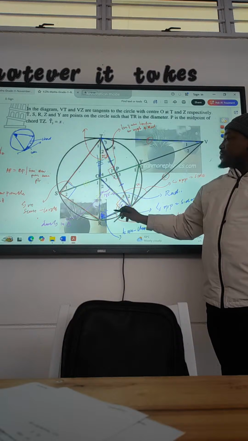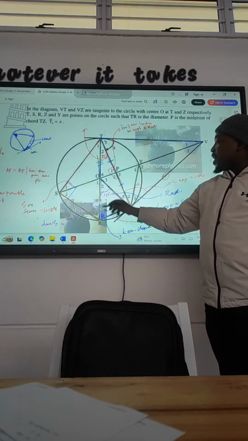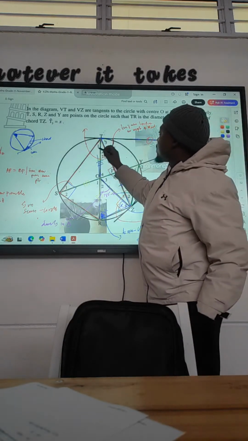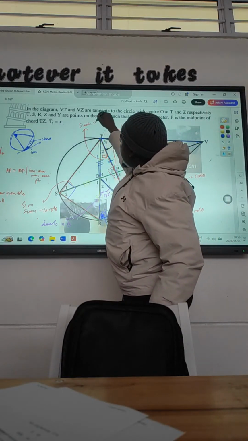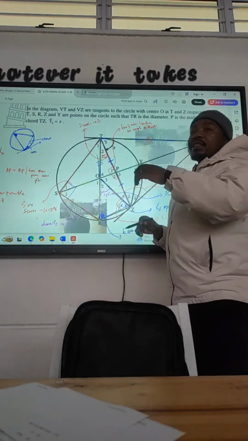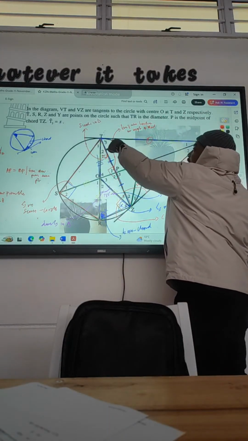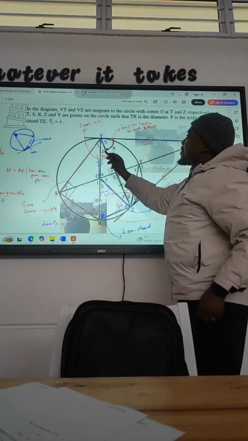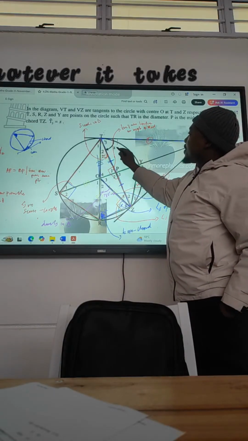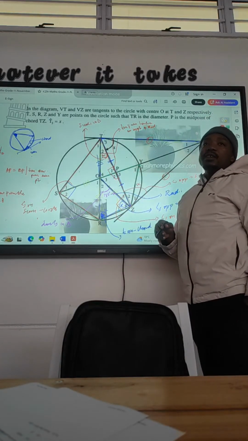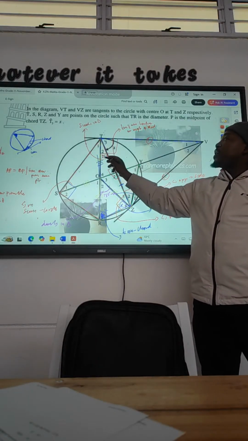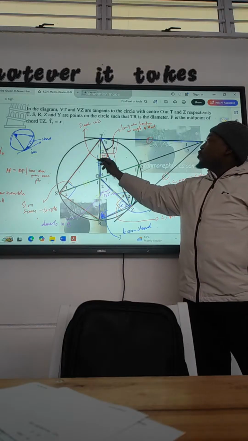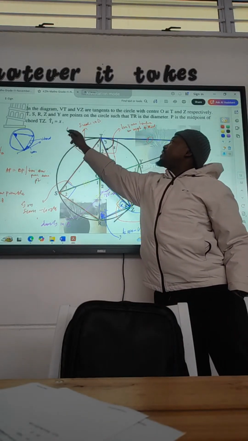This one, TRZ. So he used TRZ, which is the sum of angles in a triangle. The other person can also say T is equal to 90 because I have a tangent and a radius. Do you see a tangent-radius right angle here? If this is x, this will also be 90 minus x. So we can also use the tangent-radius right angle this side.